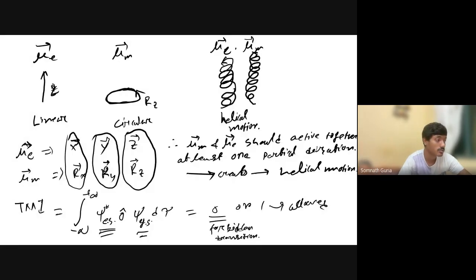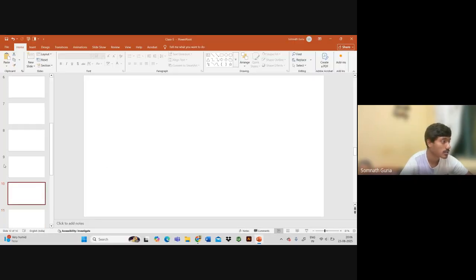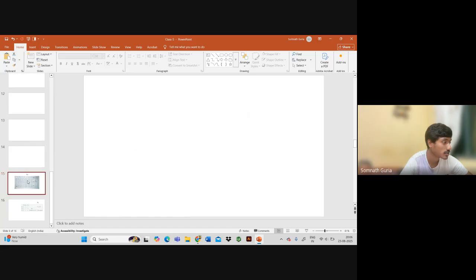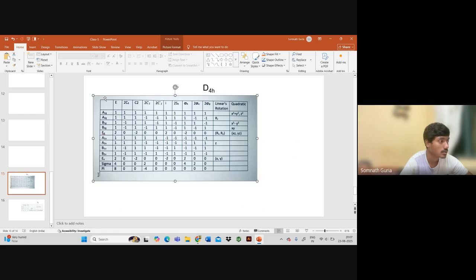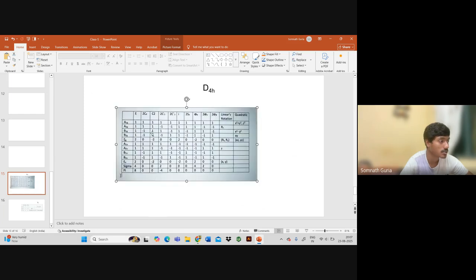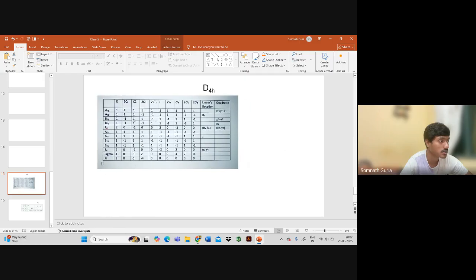Okay, so now coming to one example. We have one point group. This example is the character table of the D4h point group.